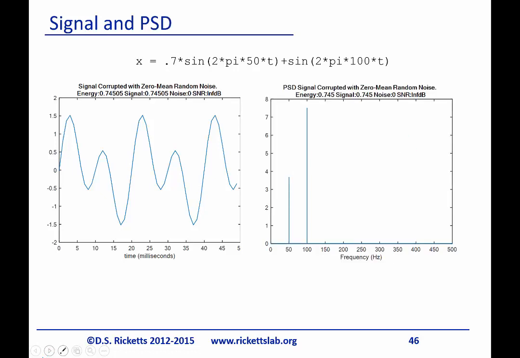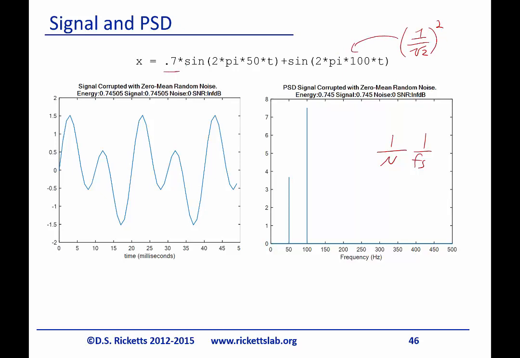Now, what I've done is I've plotted the PSD exactly as I showed on the previous one, where we take the conjugate, and here we are dividing by n and by Fs. Now you can see that our frequencies are correct, but if you note, the amplitude is not the power. This is maybe 3.75, and this one is maybe 7.5. What we should get for our power is 1 divided by the square root of 2, squared, for this one.